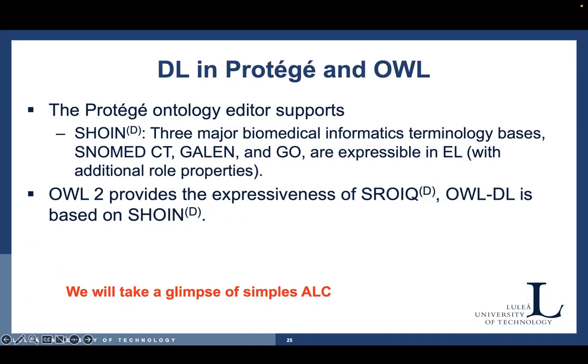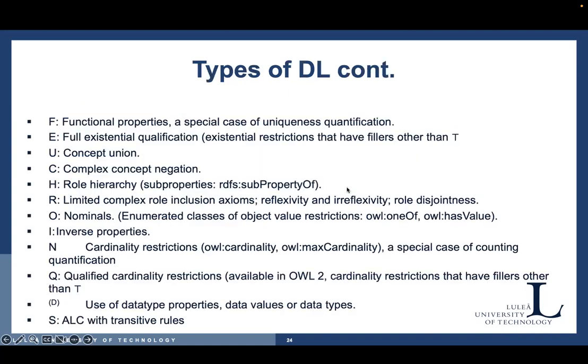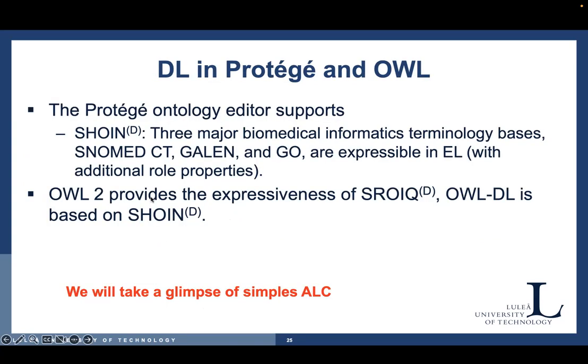So now, if you just look at what kind of information you have in your pizza ontology, for example, you can immediately link to the type of description logic that OWL supports. And I have already shown these examples of SNOMED ontology or GO ontology for genes, and these ontologies implement this kind of description logic.